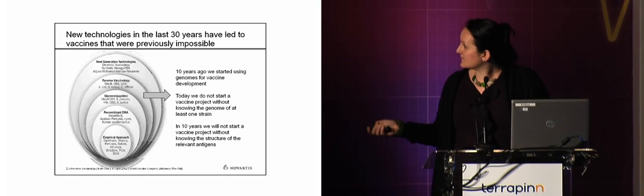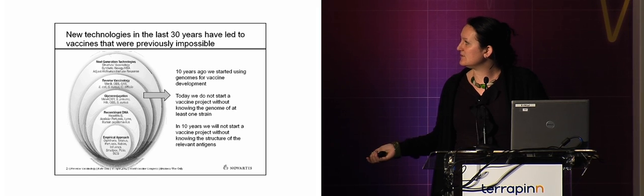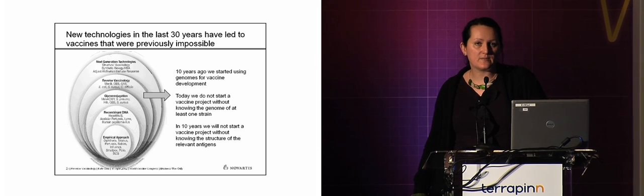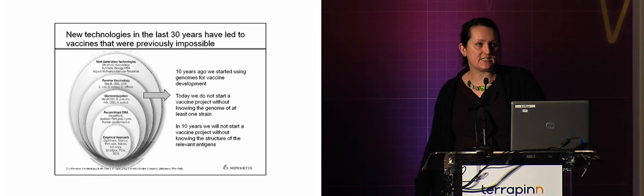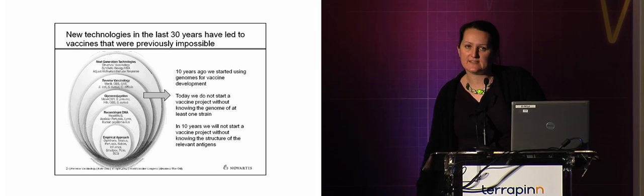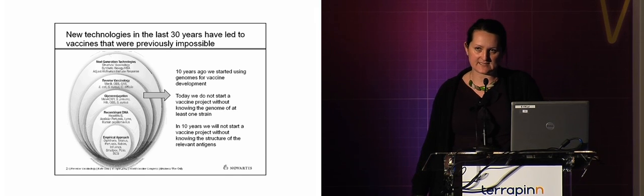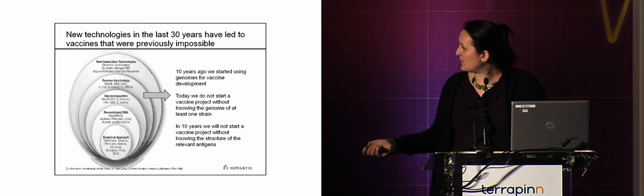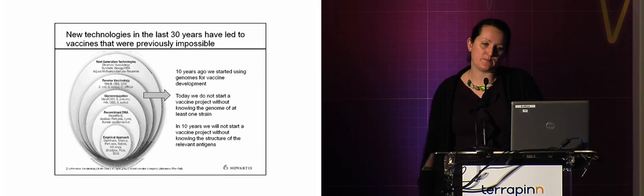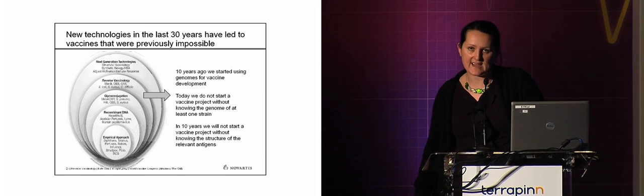For example, 10 years ago, we started using genomes for vaccine development, applying reverse vaccinology to the MenB project. And today, we don't start a project unless we have the genome sequence for at least one, if not several strains of the species that we're targeting. And quite possibly in 10 years, we won't start a vaccine project without knowing the structure of the relevant antigens.